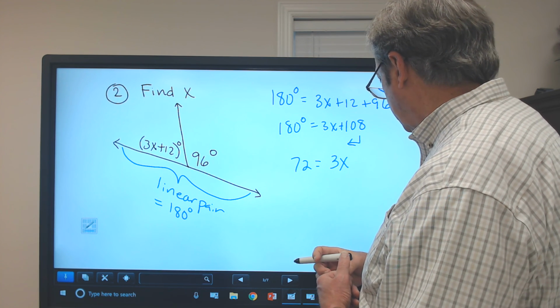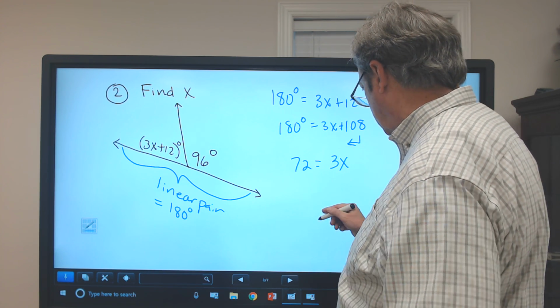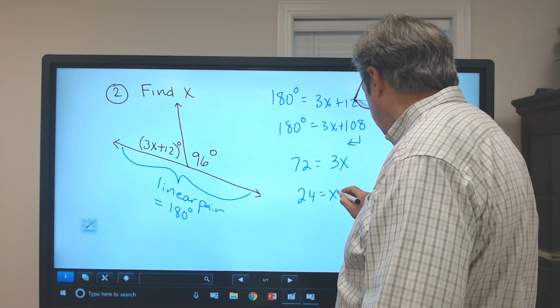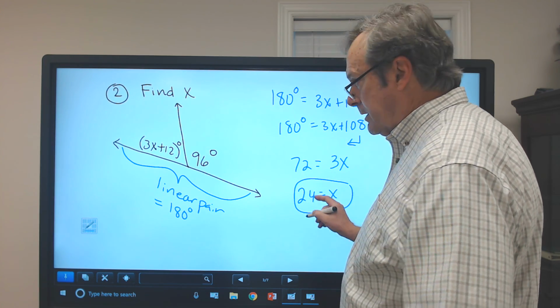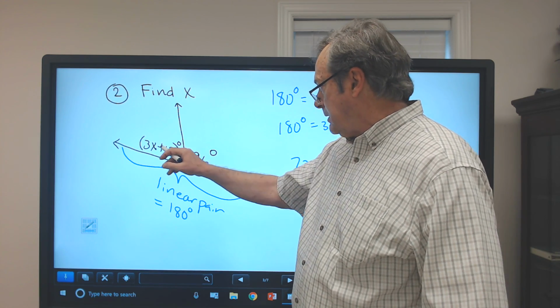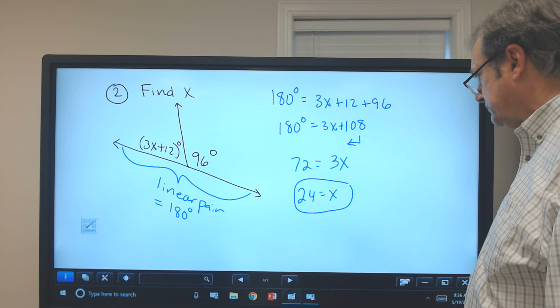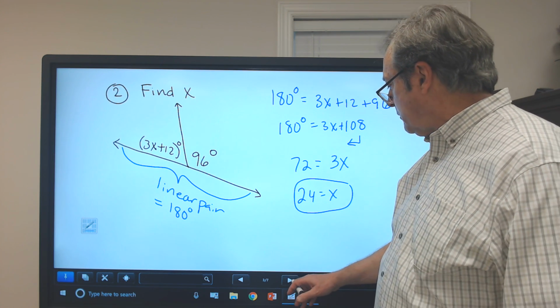And then we'll divide both sides by 3, and let's see, 3 goes into 7 twice, so that's going to be 24 equals X. Now, notice the 24 is not a degree. It's just the value of x. The 3 times 24 plus 12 gives you that angle. Okay? All right, let's go on to number 3.